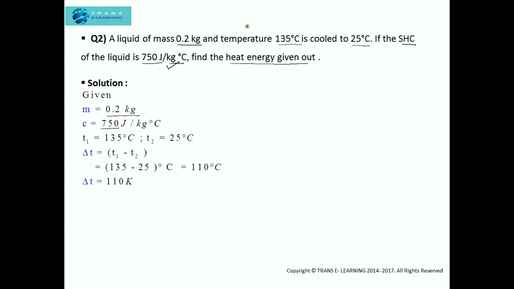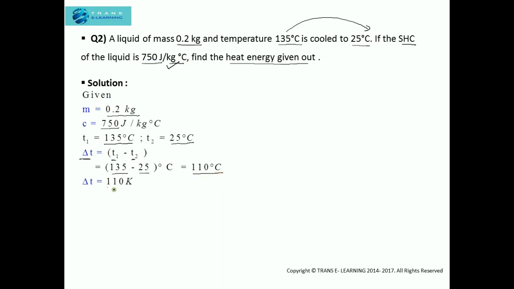And as this liquid was cooled from 135 degrees Celsius to 25 degrees Celsius, the initial temperature is 135 degrees Celsius and the final temperature is 25 degrees Celsius. So the change in temperature, delta T, will be T1 minus T2, that is 135 minus 25, which is 110 degrees Celsius.